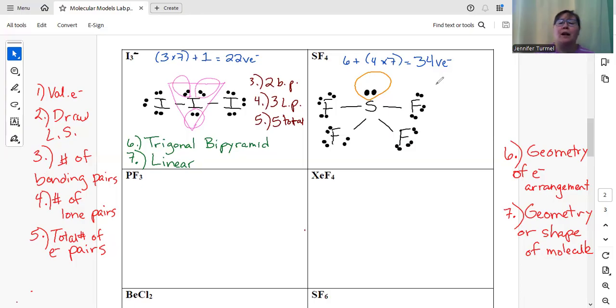Okay, so then I come over here and I have 4 bonding pairs, and I have 1 lone pair. And so I have 5 total pairs. And so that means that 5 total pairs means, just like this one, that this is going to be a trigonal bipyramid.